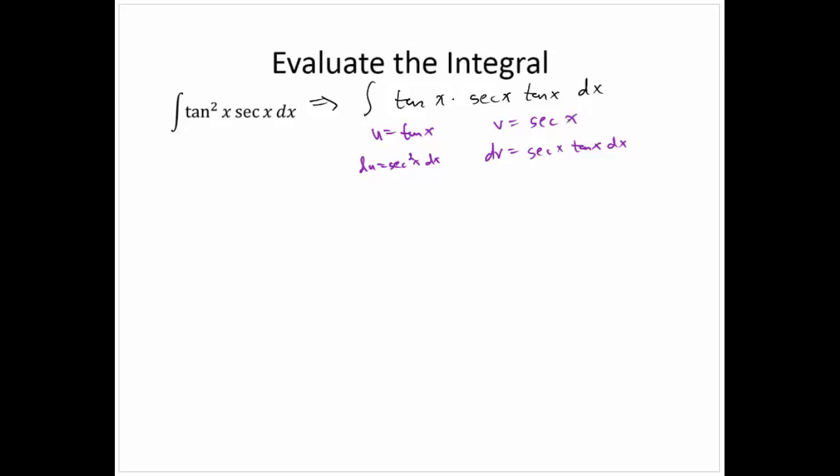All right, and so by parts, this integral becomes, all right, so this was the original integral. My integral becomes uv, that would be tangent x secant x, minus the integral of v du. That would be the integral of secant x times secant square x dx.